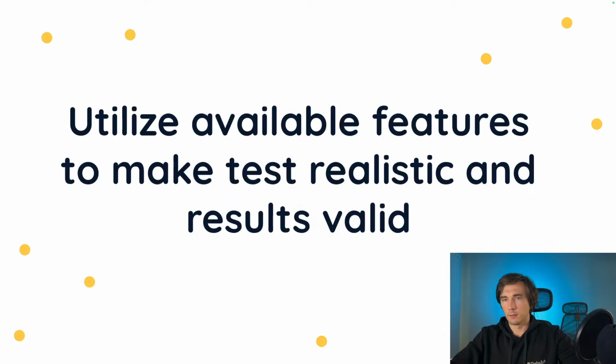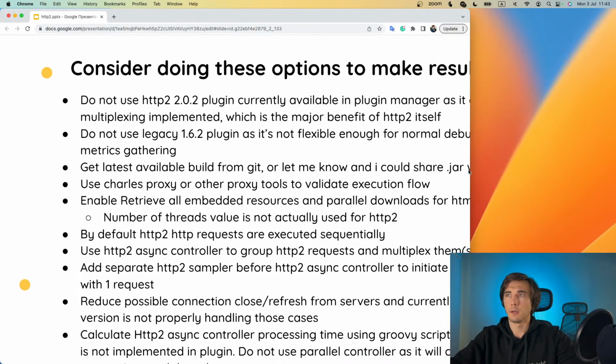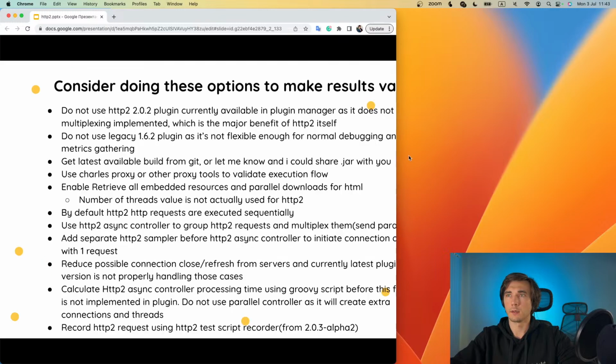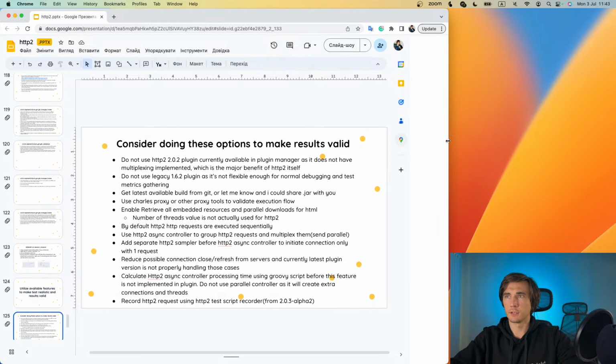So we're getting back to those slides I had at the beginning of this presentation, with some tips on what you can do to make your test valid and more realistic. This is a set of suggestions.